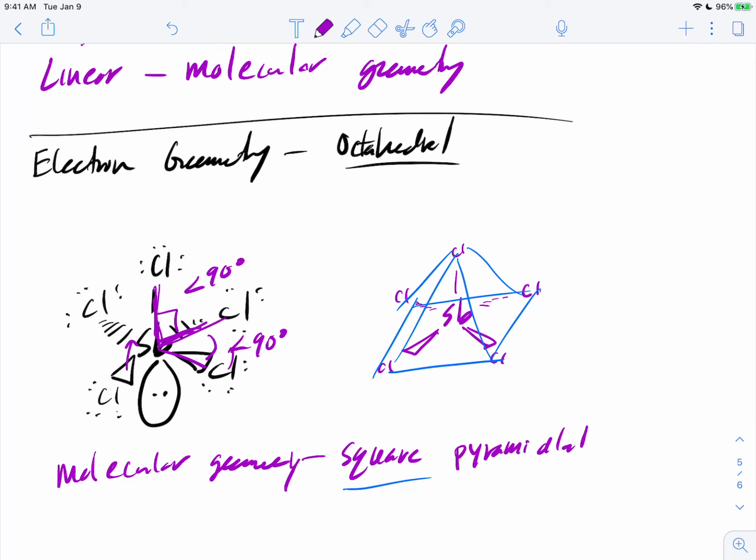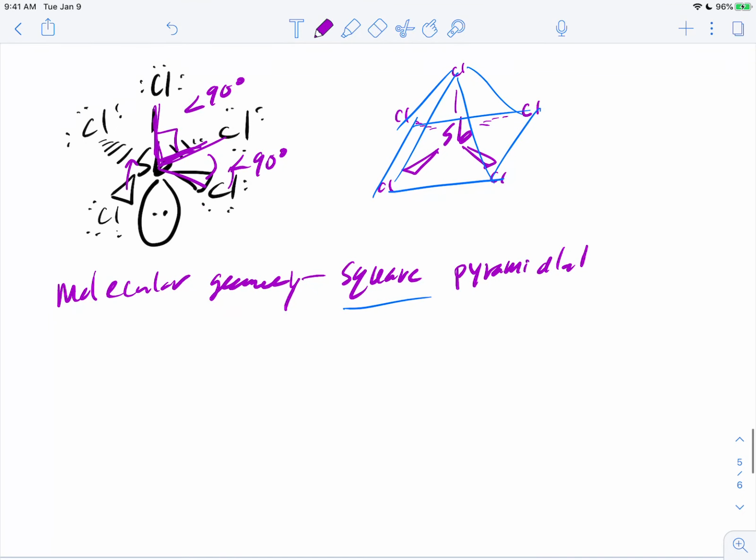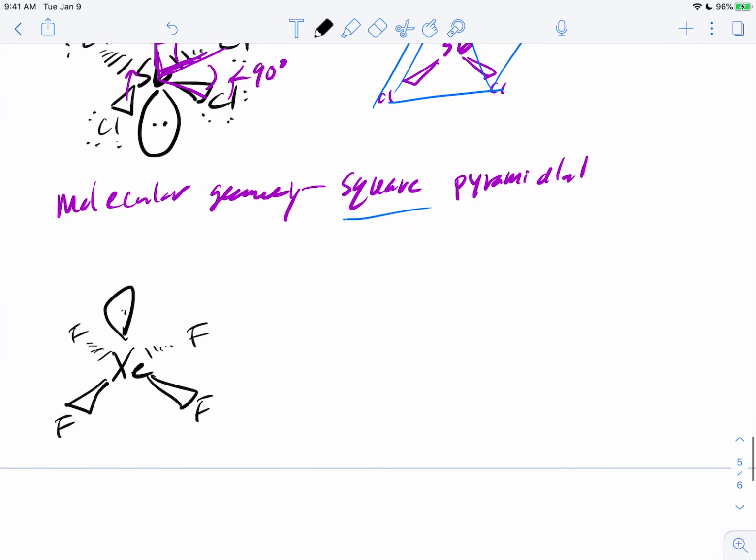Okay. And then the last movement we can do is where we add 2 lone pairs. And so we can use XeF4. So that'll actually be lone pair, and then put the 4 Fs here, here, here, here, and then lone pair on the bottom.